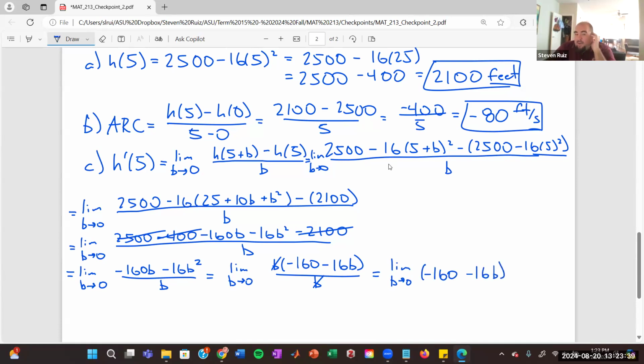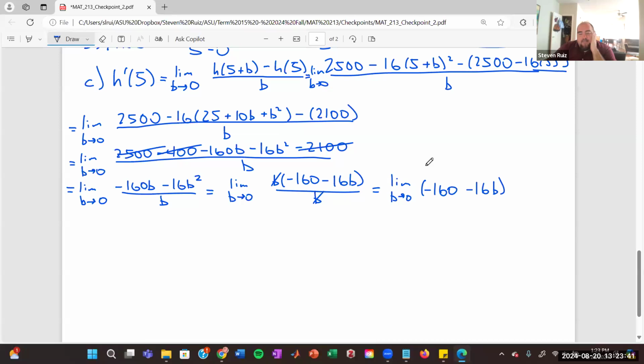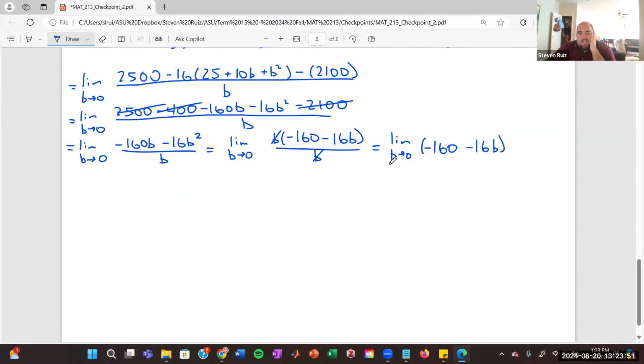Up until now, I've not been able to evaluate this limit because that would have necessitated dividing by zero, which is not defined. But now if I plug in zero for b, nothing happens to negative 160, but this negative 16b goes to zero. So my derivative here is negative 160.